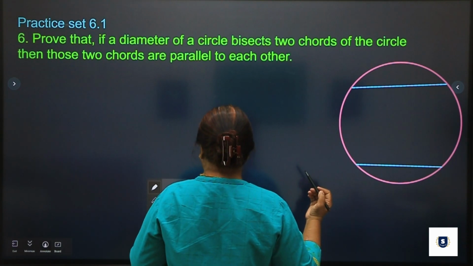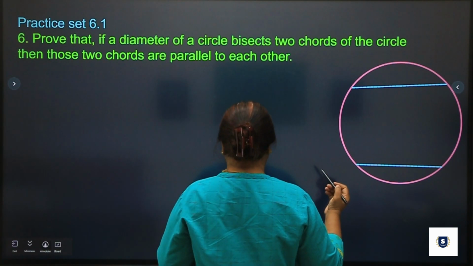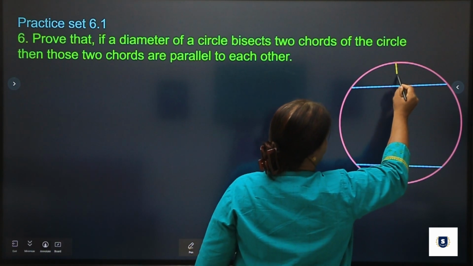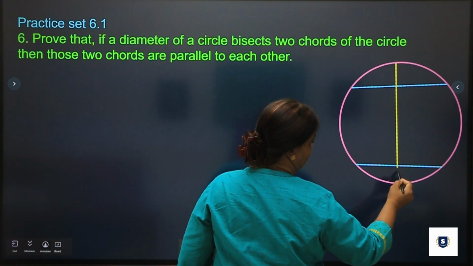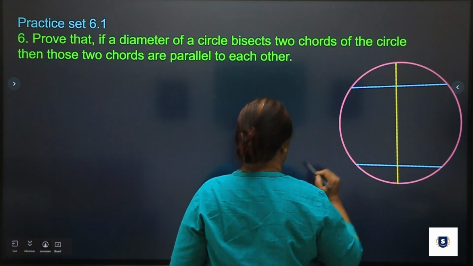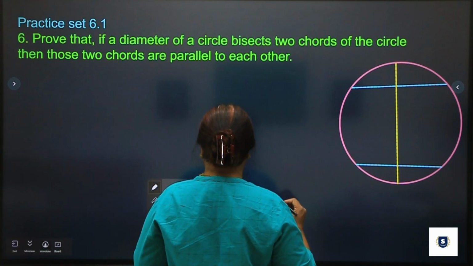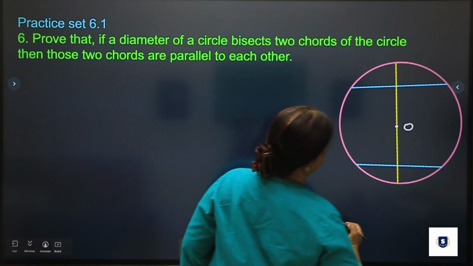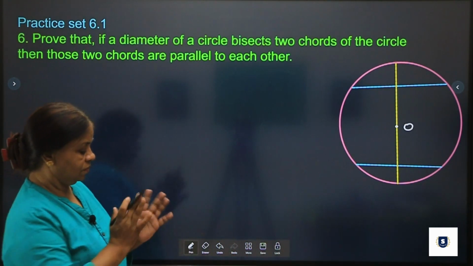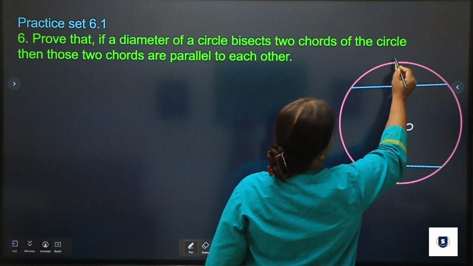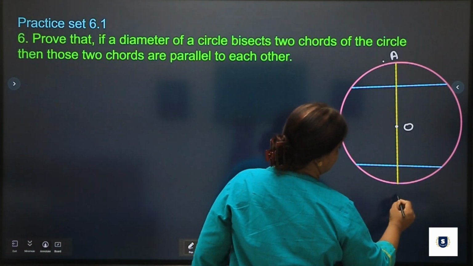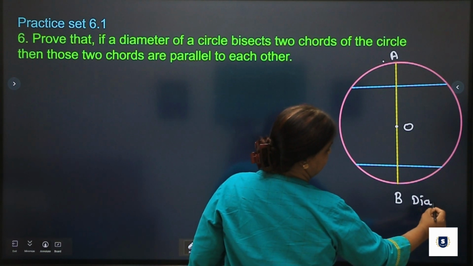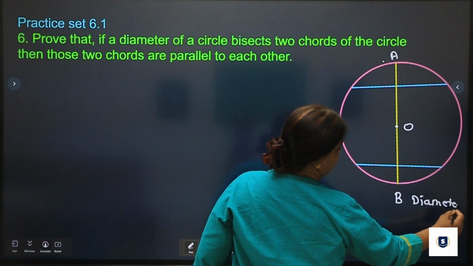And I have a diameter which will bisect the chords. So there is a point O as the center, okay, and AB is the diameter. AB is the diameter, clear?